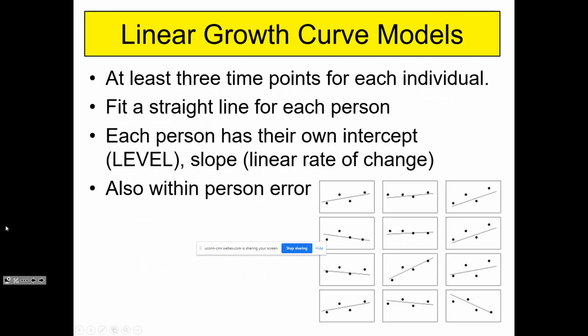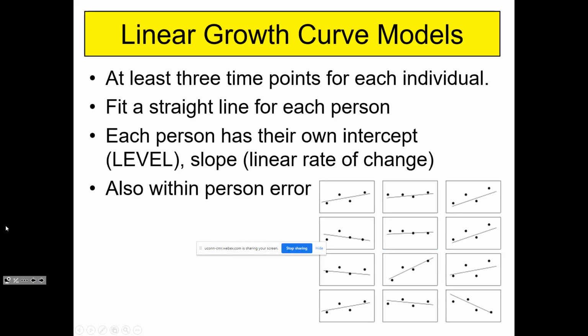All right. So as I said, with linear growth curve models, we have at least 3 time points for each individual. And conceptually, for a linear model, we could fit a straight line for each person through their swarm of points. So imagine each person separately on their own little XY axis, right?